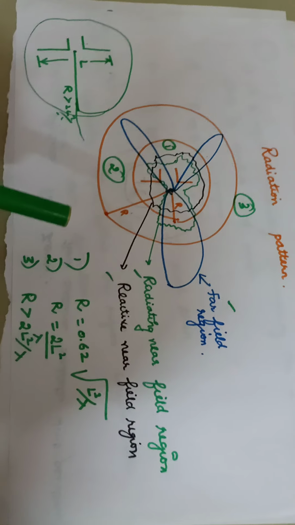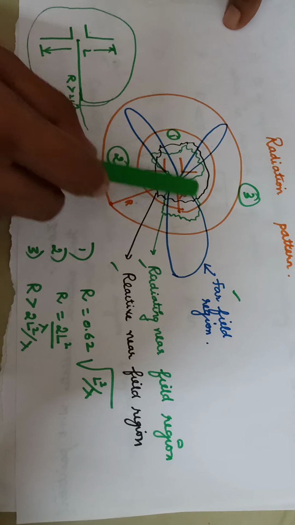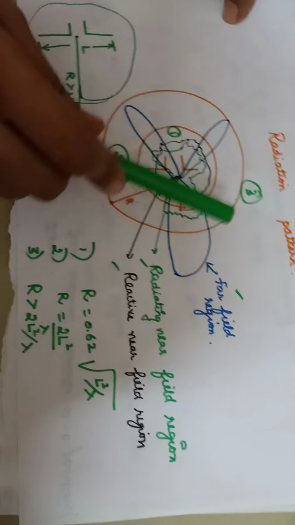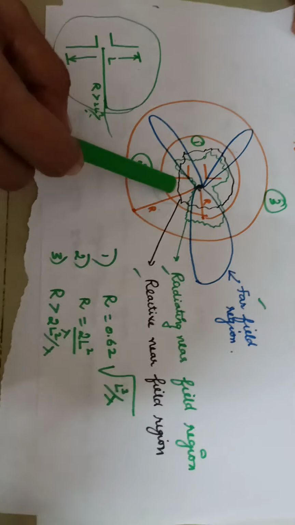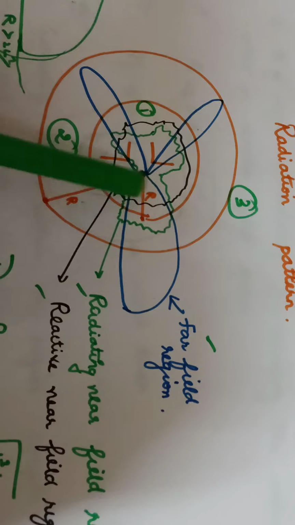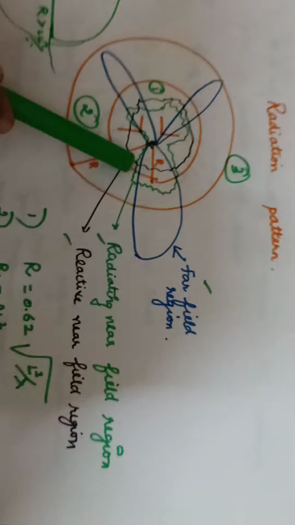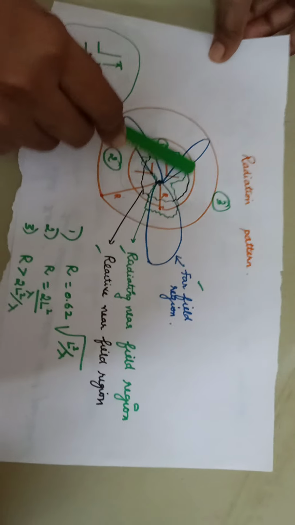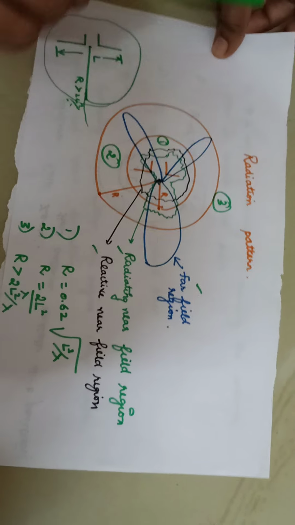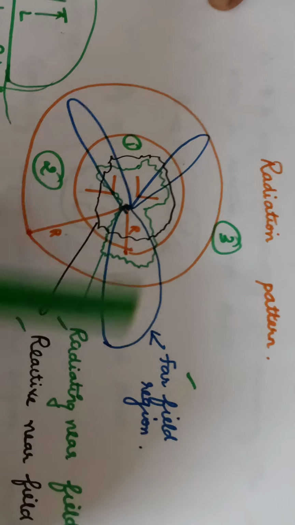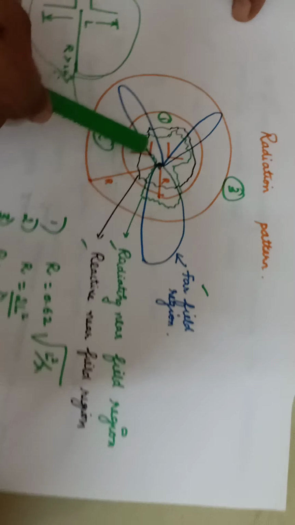And we saw the radiation pattern. For far field, it is good to understand the lobes clearly. For the second one, the lobes are about to start, but it is not framed properly, and in the first region the radiation pattern is worst. We cannot classify the lobes. This is what we have understood.